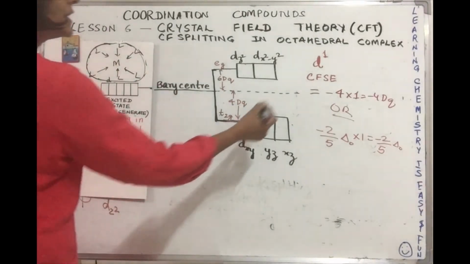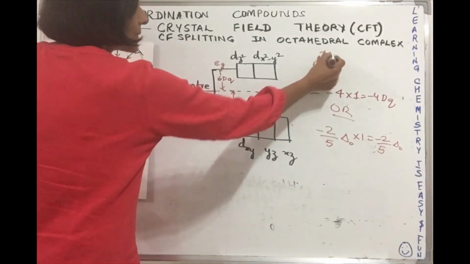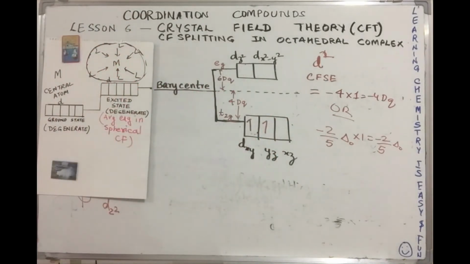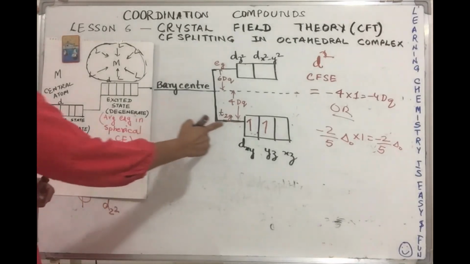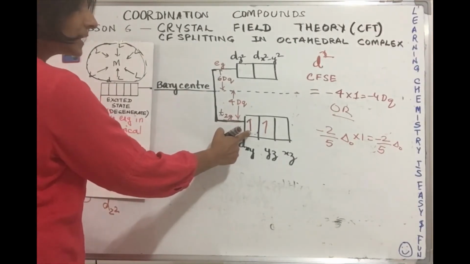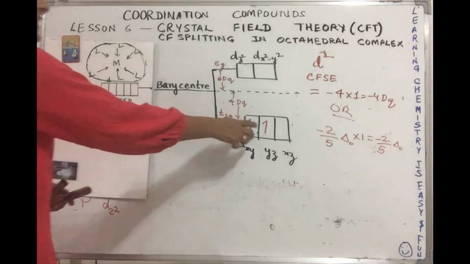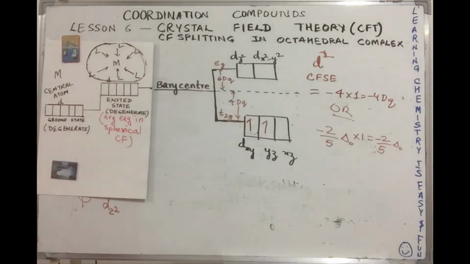How about d2 configuration? Please keep on making a note of this side by side. So d2 means whether there will be pairing or will it be going to the next orbital. Yes, it will be going to the next orbital because orbitals are first singly filled and then pairing begins.